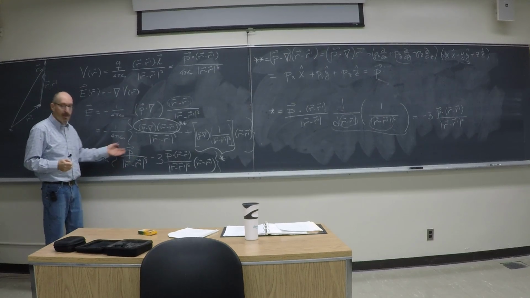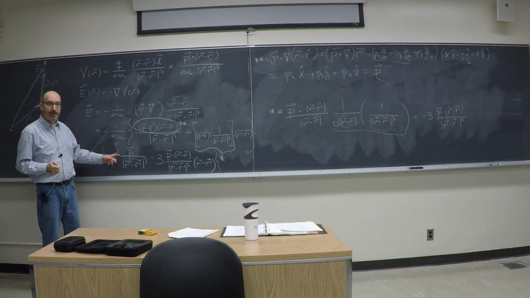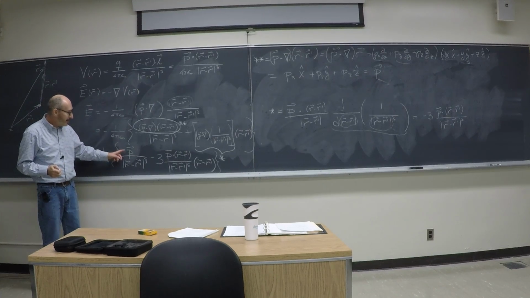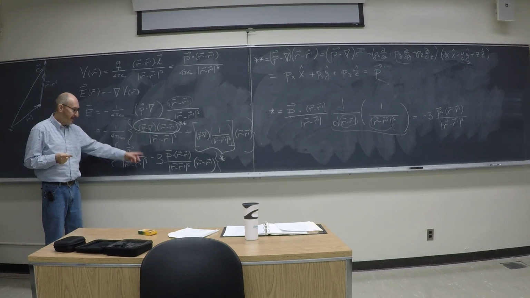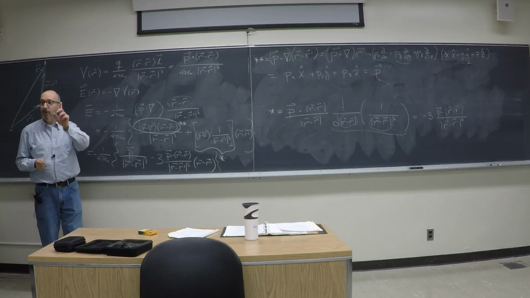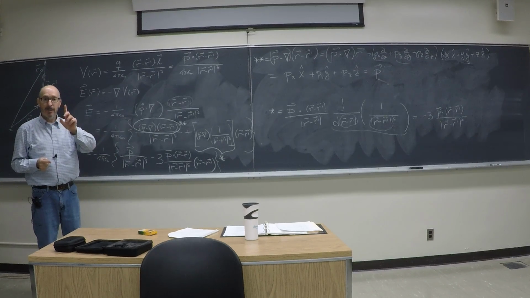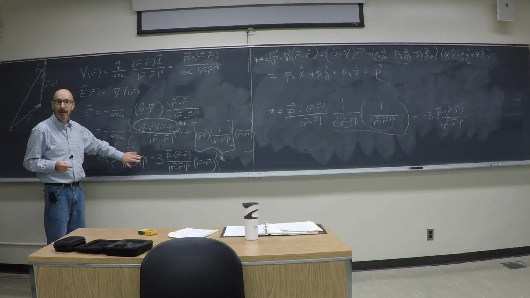The first term is not really that bad. The first term of the electric field tells us the following. This term, not the whole thing, but this term, points in the direction of the dipole moment. Right? Because we have a p up here and everything else is a scalar.